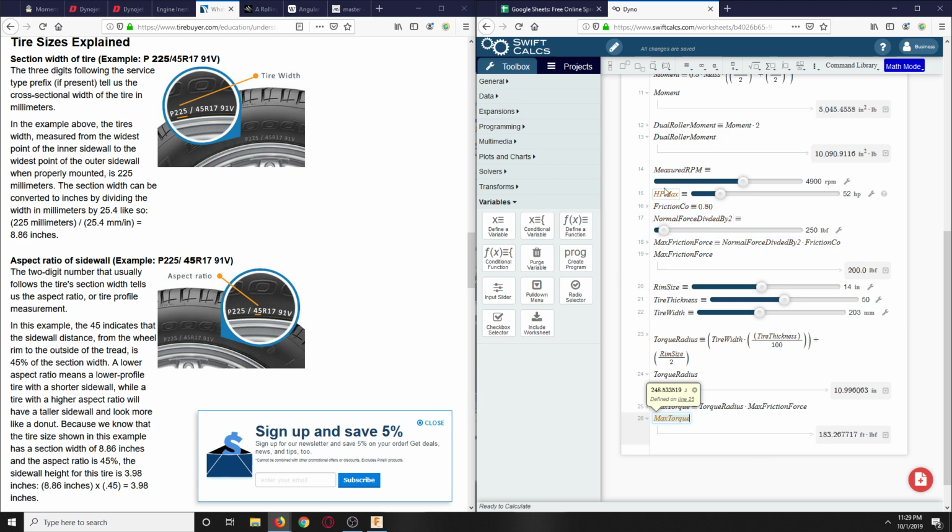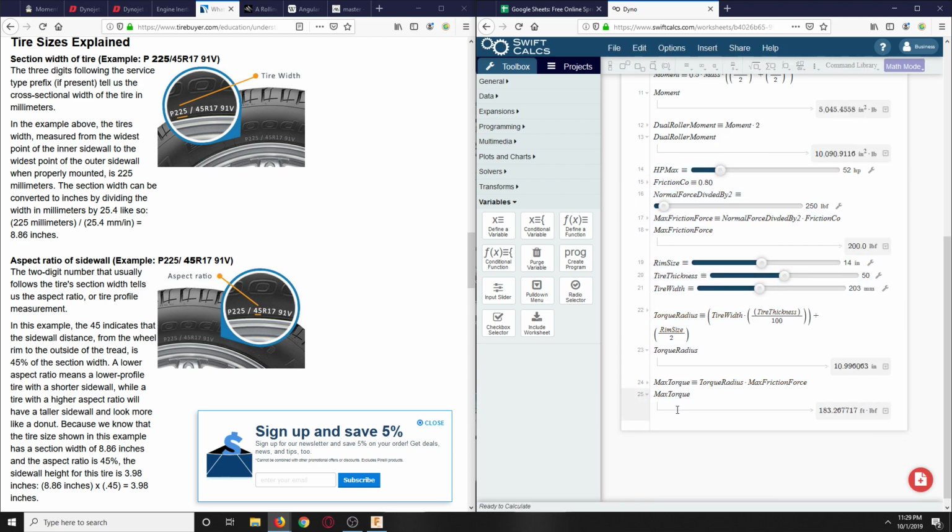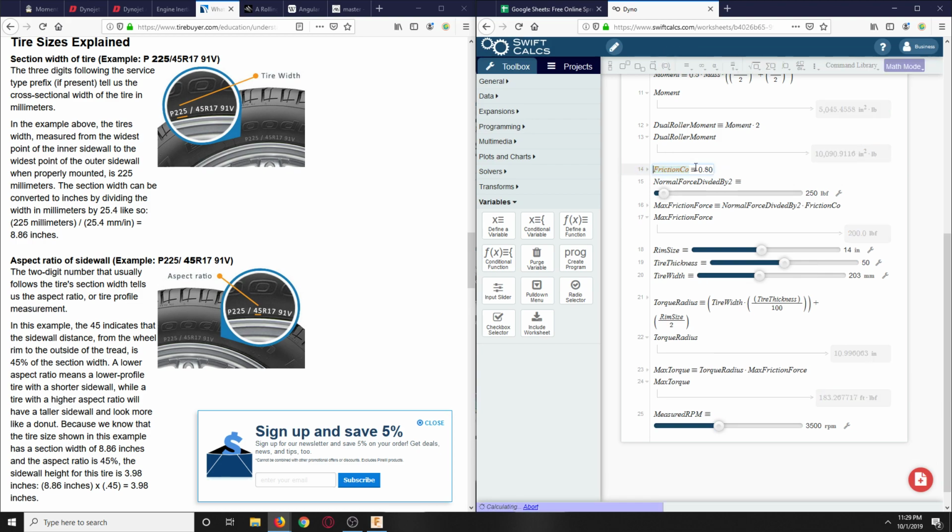Let me see, can I move this? Oh, yeah. Okay. So 183 foot-pounds is the max torque at any RPM.